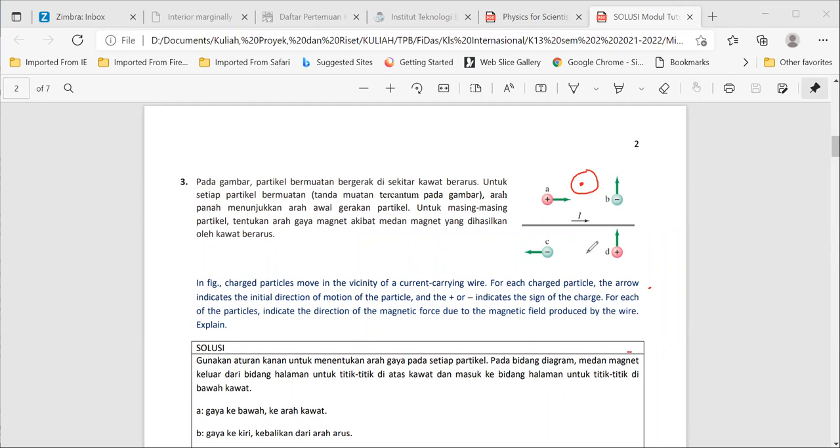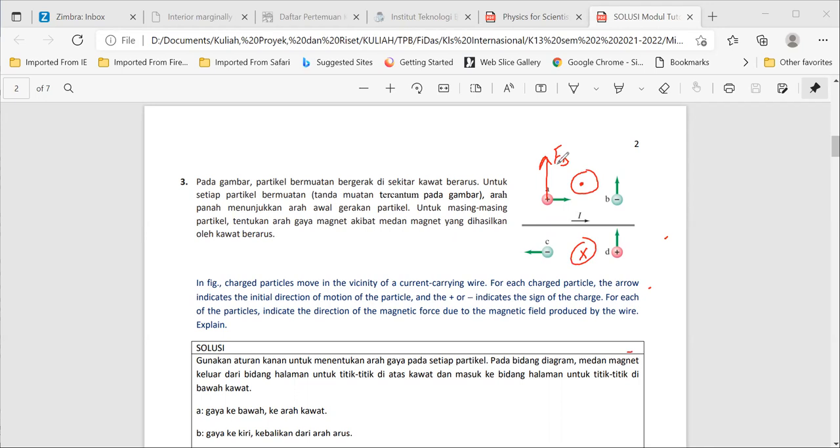If you use your right hand, you will get that the magnetic force on particle A is this one, above.